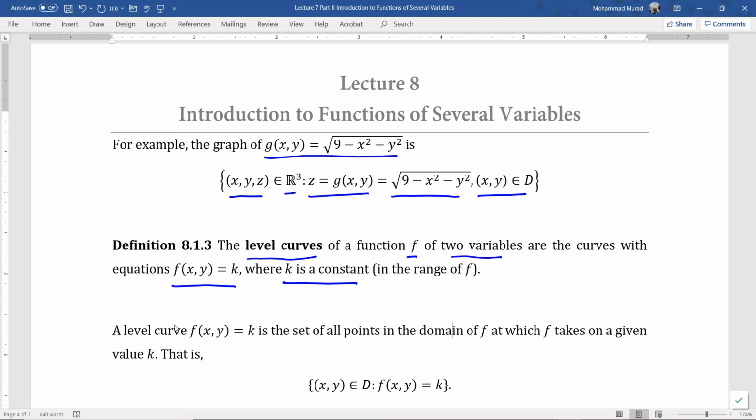A level curve f of x, y equals k is the set of all points in the domain of f at which f takes on a given value k. That is, it is the set of all ordered pairs in the domain such that f of x, y equals k.